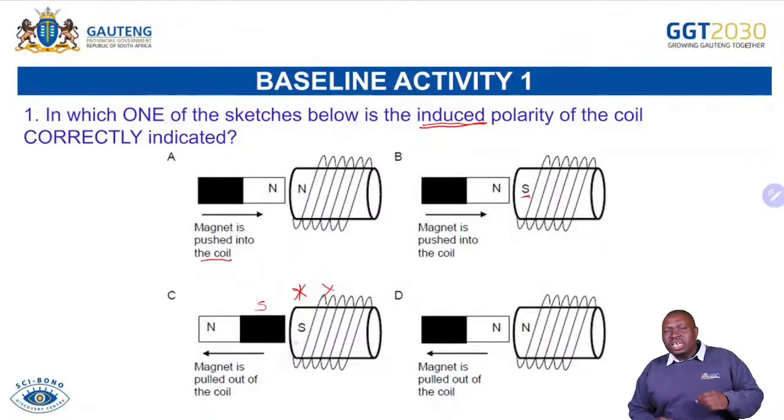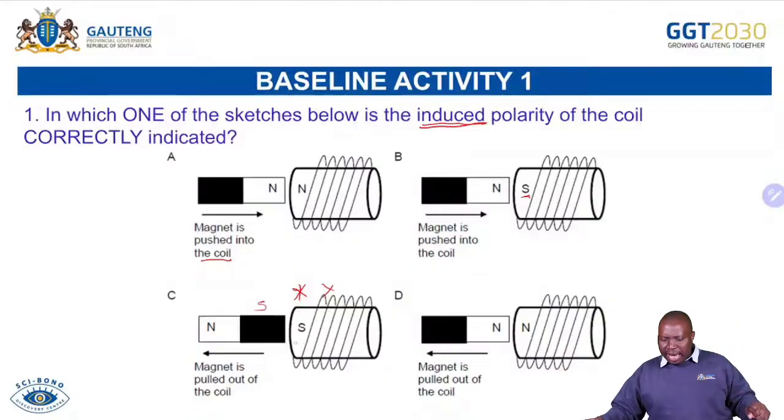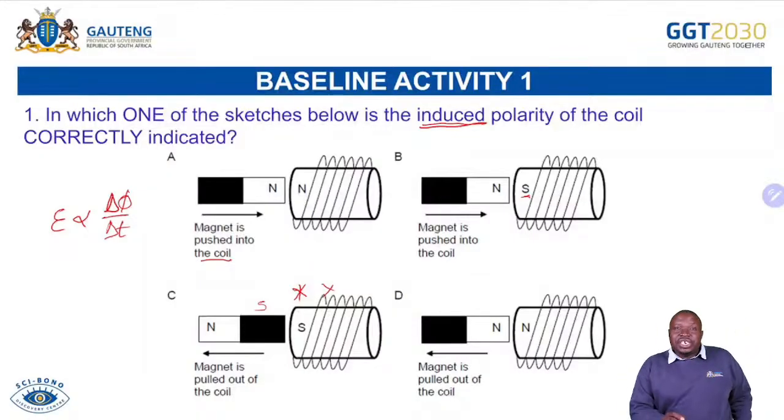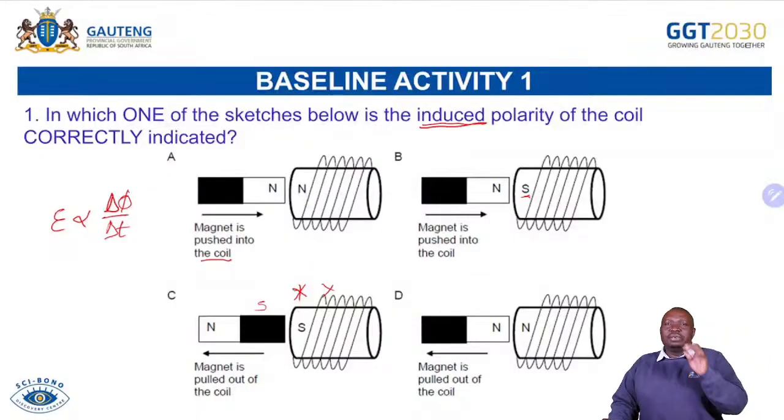But now, if I stop moving the magnet, we will see that there is no EMF induced. So EMF is induced when there is a change. Remember, by Faraday's law, the induced EMF is directly proportional to the rate of change in magnetic flux. So there must be a change in magnetic flux, and what makes the change in magnetic flux is the movement of the magnet in and out of the coil.